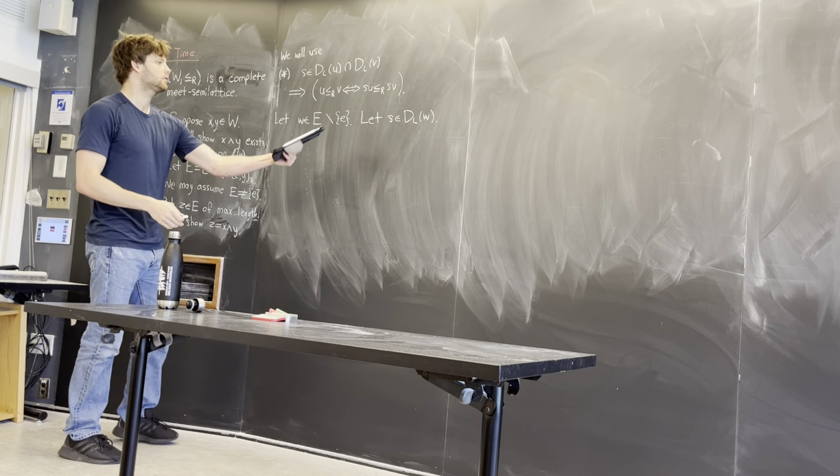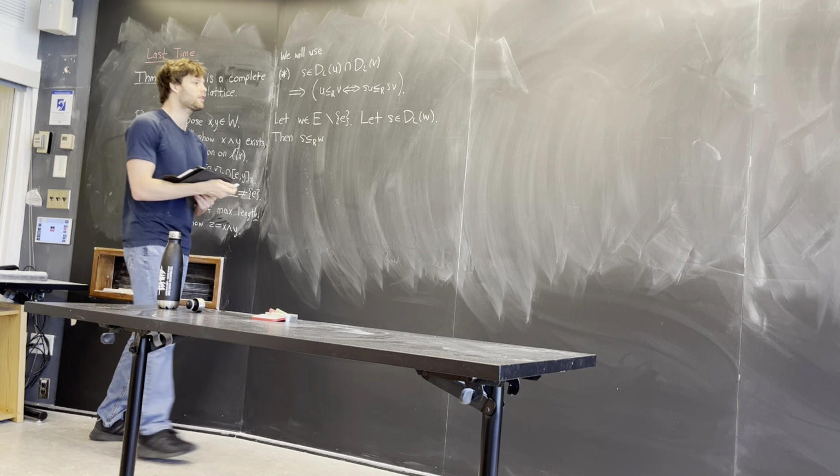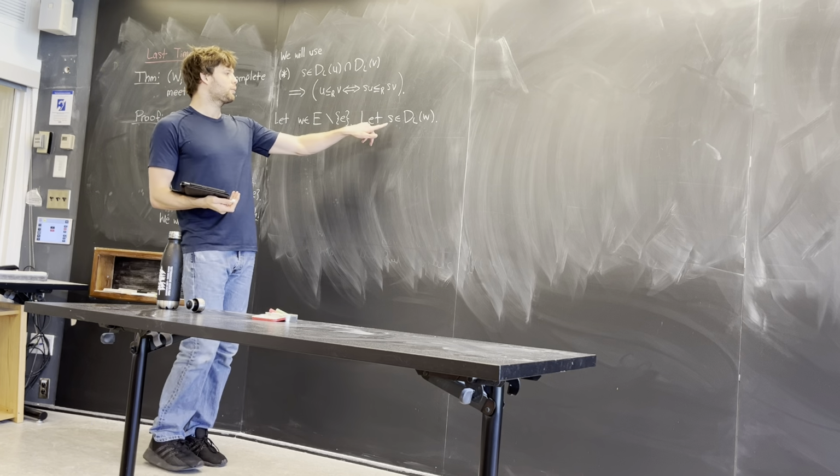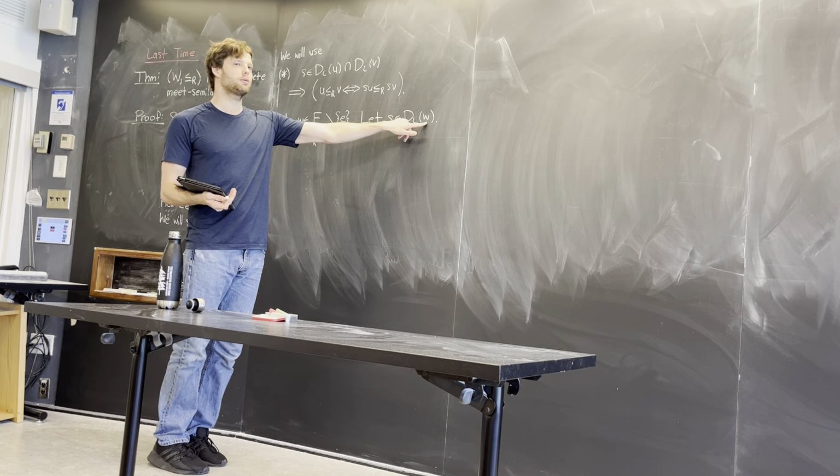Then s is less than or equal to w in the right weak order. Remember I said that when you have a simple reflection, it is a left descent of w if and only if it's less than or equal to w in the right weak order. These are equivalent. And we know that w is less than or equal to x because w is in capital E, so it's a lower bound for x and y.